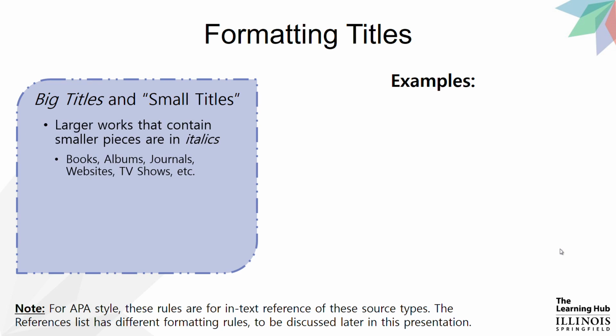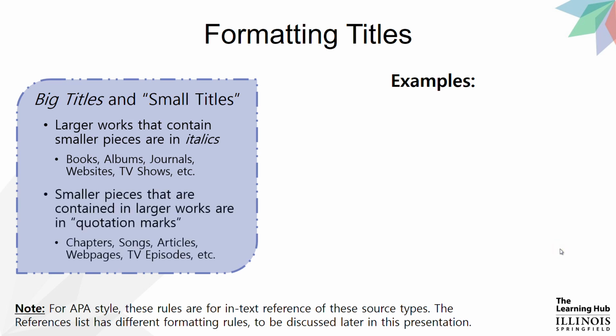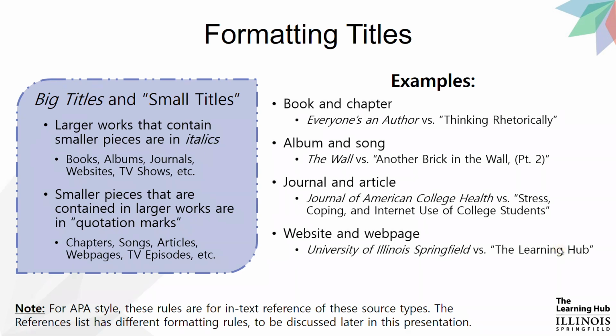That can include book titles, music albums, journals, websites, TV shows, anything that has a smaller portion to it. Those smaller pieces that are contained in those larger works are generally placed in quotation marks. So that would be a chapter in a book, or a song on an album, or an article in a journal, etc. For some examples here, you can see the book versus the chapter, the album versus the song, etc. down the way.